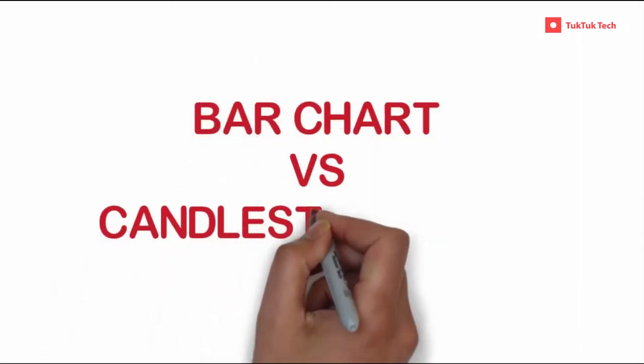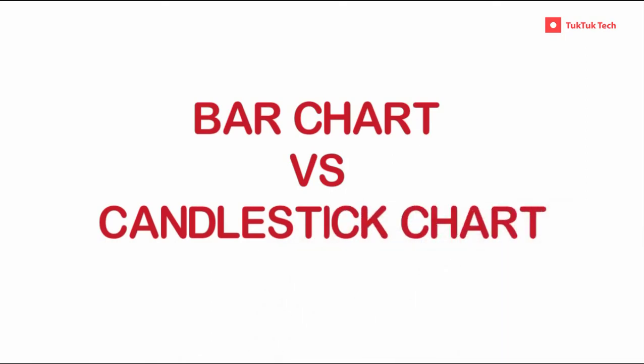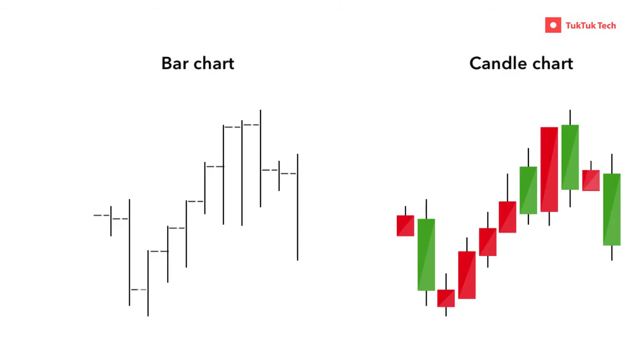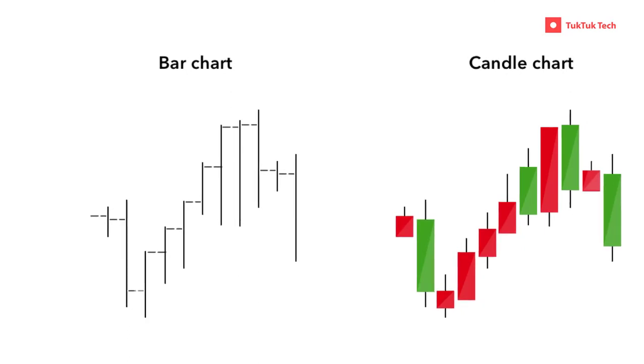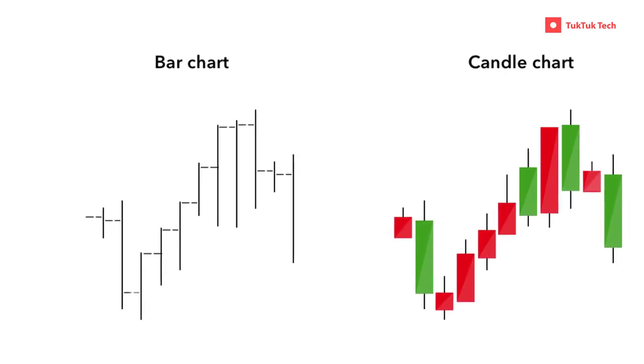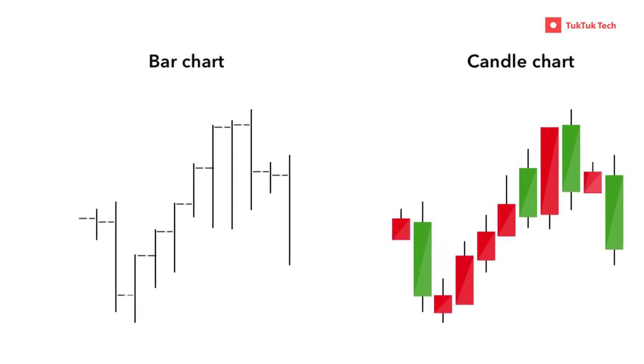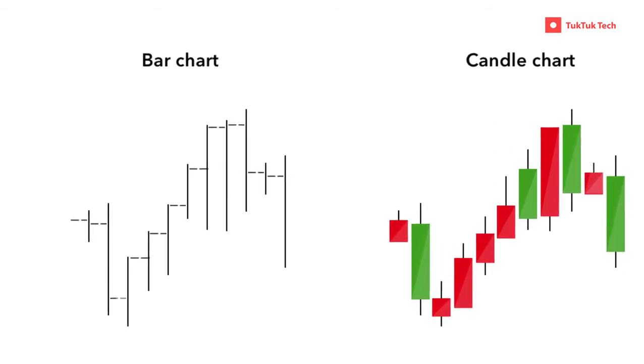Bar chart versus candlestick chart. A candlestick chart displays the same data as a typical bar chart, but conveys the information in a more visually appealing manner.